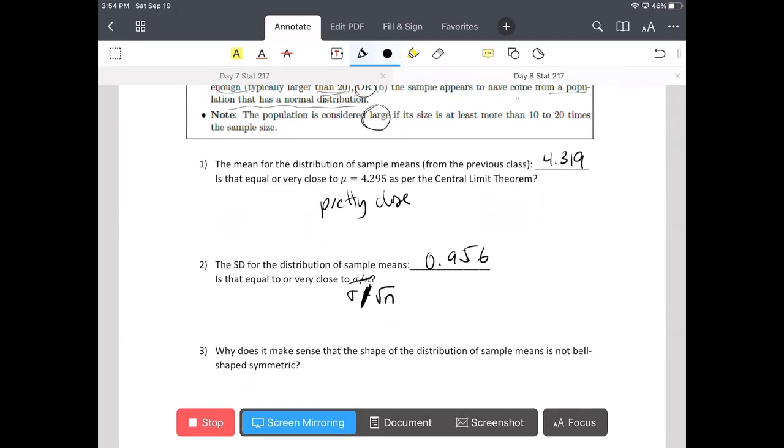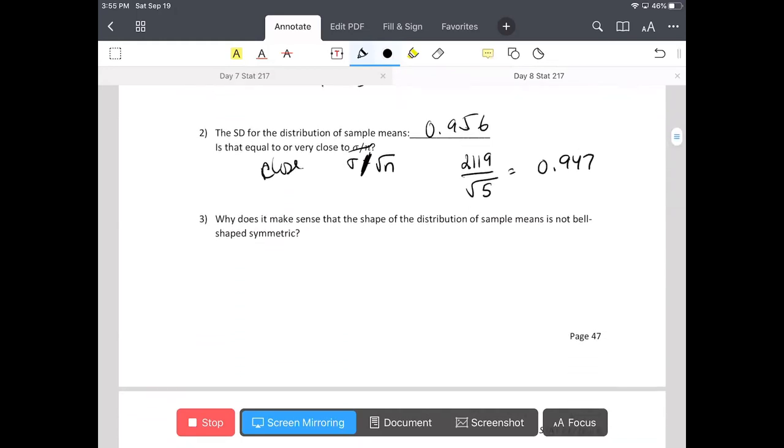So please pause and make sure you absolutely get that correction. So we're going to take the values that we had from last time's notes, and our sample size was 5, and that ends up being 0.947. So yeah, those are pretty close.